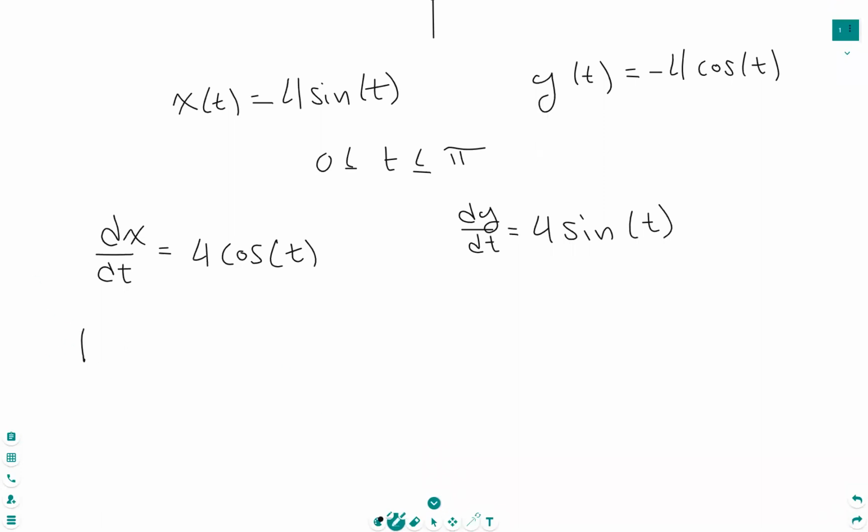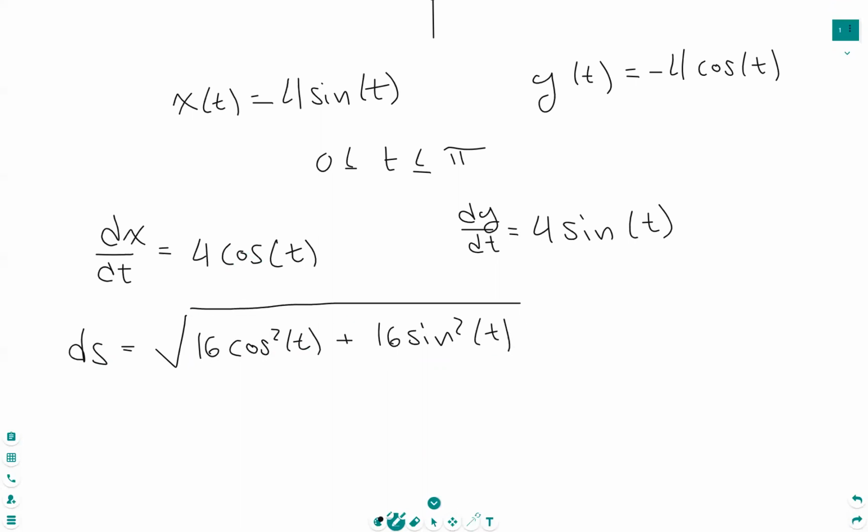So ds is equal to the square root of this squared, so I get 16 cosine squared t plus 16 sine squared of t, times dt.